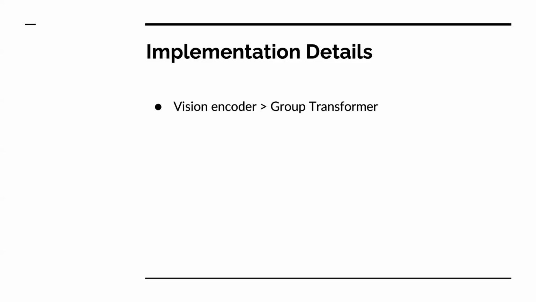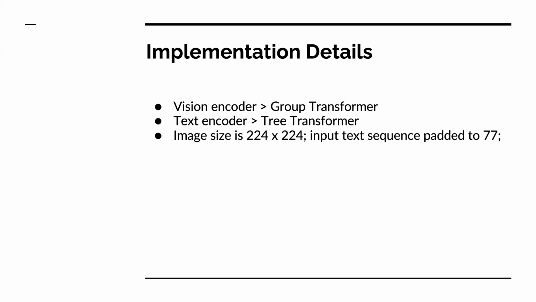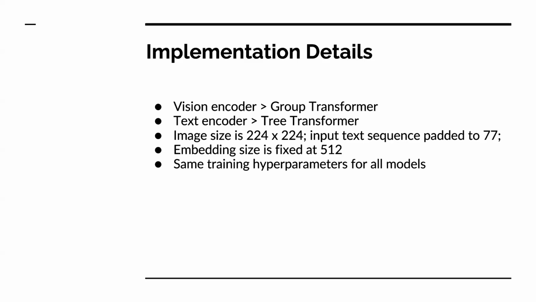So when it comes to training, obviously the vision encoder for our HiCLIP is going to be a group transformer. The text encoder is going to be a tree transformer. Image size is standardized to 224 by 224, and input text is always padded to 77. And the embedding size for both group and tree transformers is going to be fixed at 512.